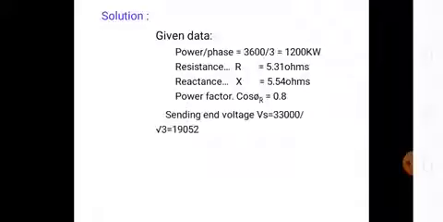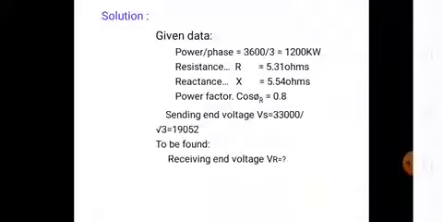The sending end voltage Vs is equal to 33 kV. Here the line voltage is given, so we convert it into phase voltage: 33 kV by root 3, that is 19.052 kilovolts.